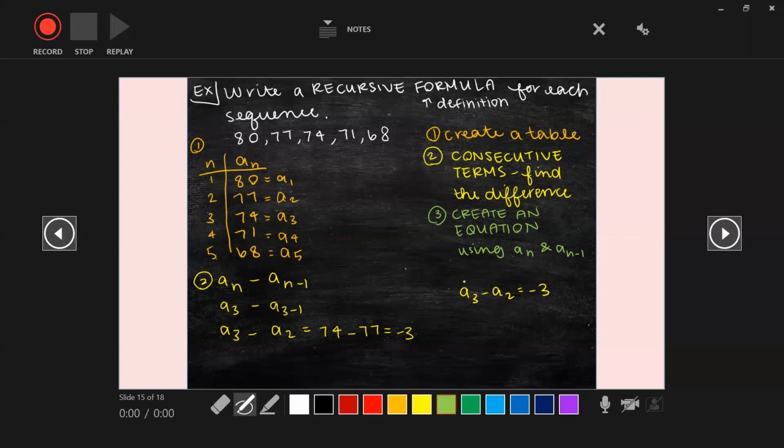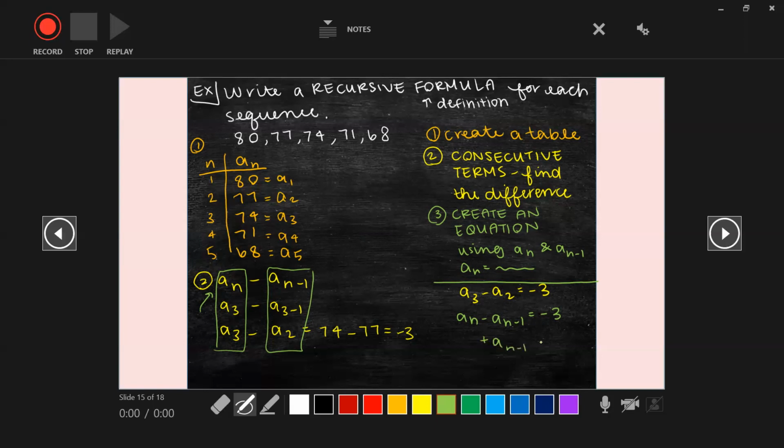We substitute a sub 3 for a sub n, and a sub 2 for a sub n minus 1. To create an equation where you have a sub n equal to something, this is the confusing part.